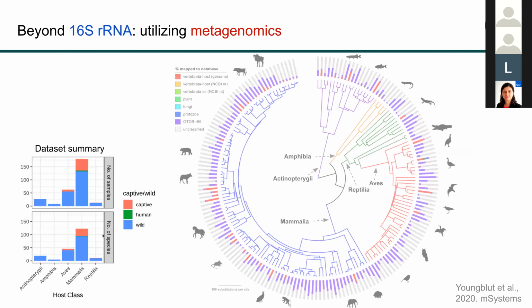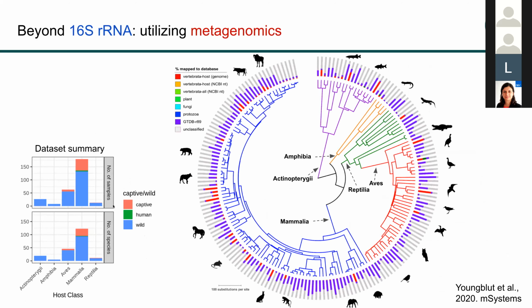But getting back to the animal gut data set, this is the summary as I showed before, and this is the phylogeny of all species, much like the phylogeny that I showed before, but it does include more species now. We tried to get a more even coverage across animal clades. What's mapped out here is the taxonomic profiling that we did, at a broad level.